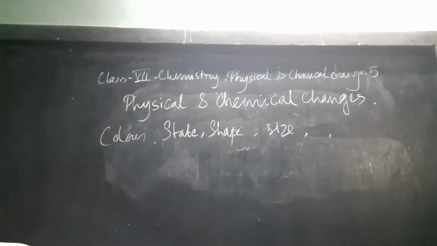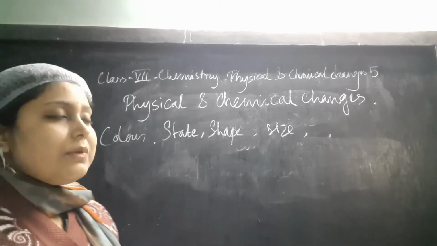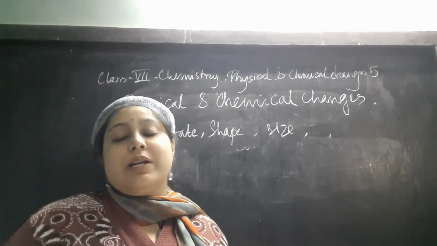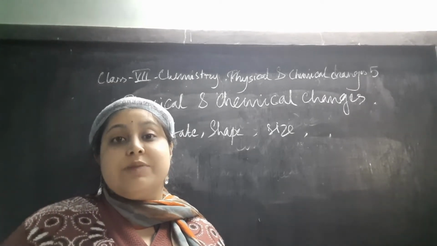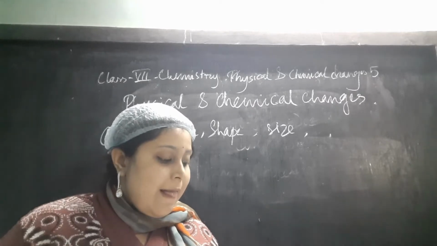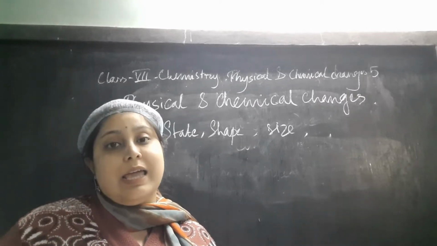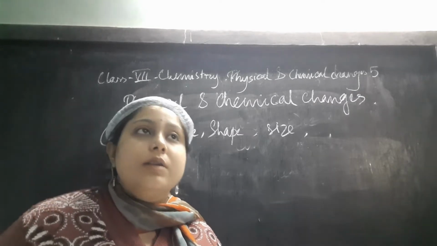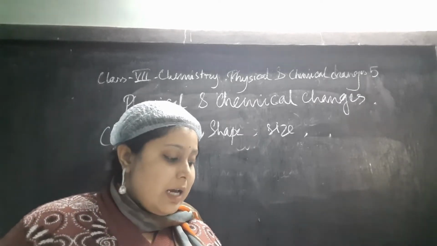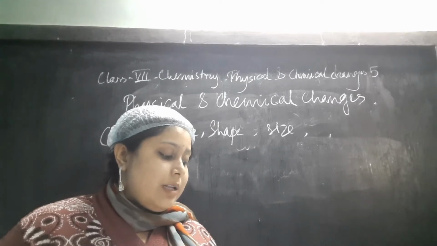So the interconversion of the states of matter is a physical change. You might have observed that ice cream, when taken out from the refrigerator, sometimes melts. And ice, when you take it out from the refrigerator, becomes water, right? You can freeze the ice again if you put it back in the refrigerator. That means the properties of water and ice are the same.